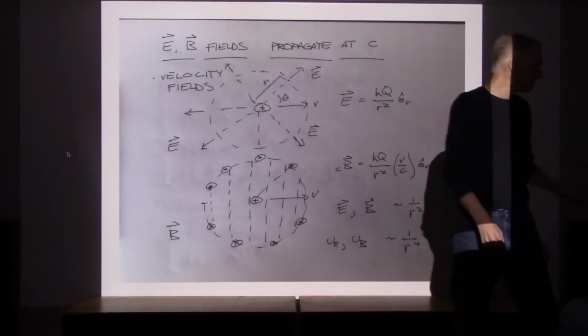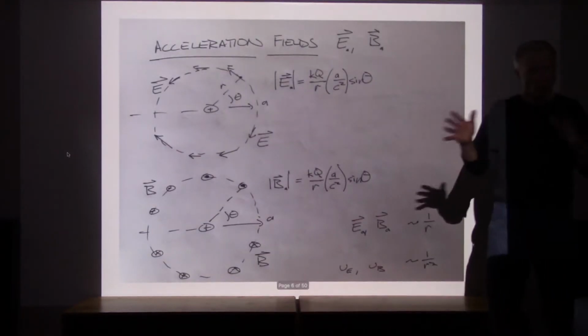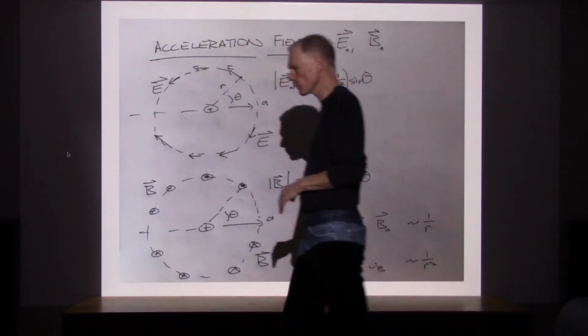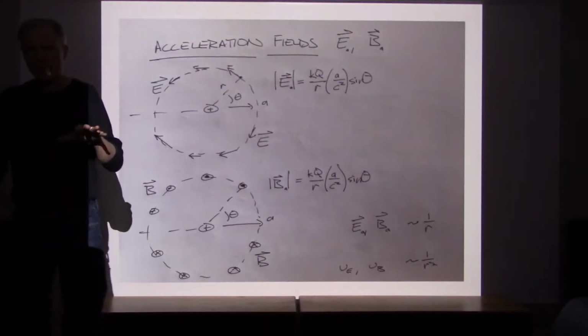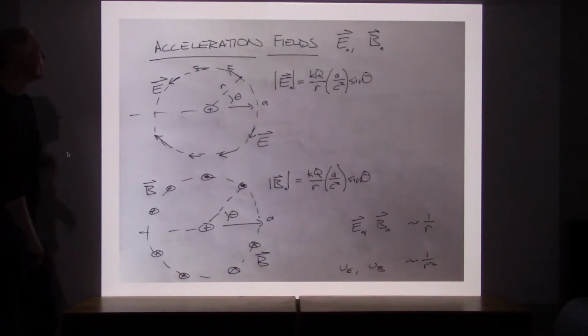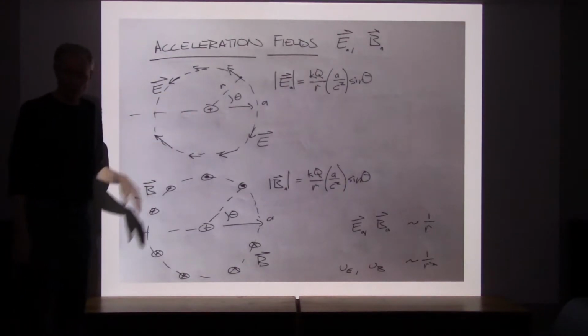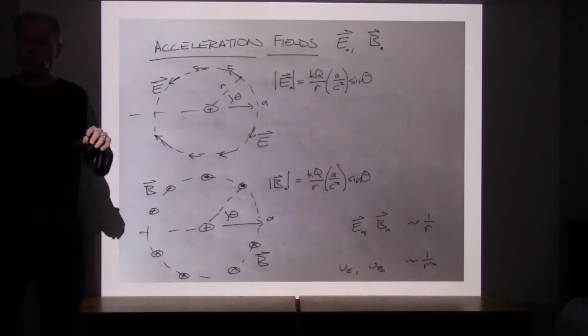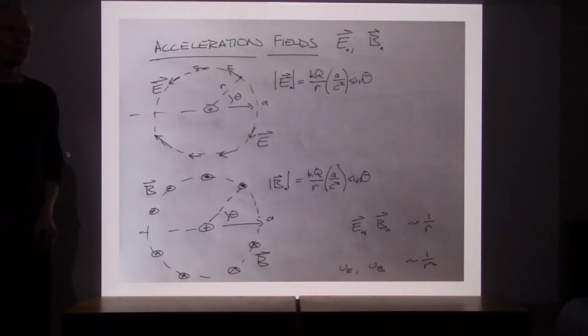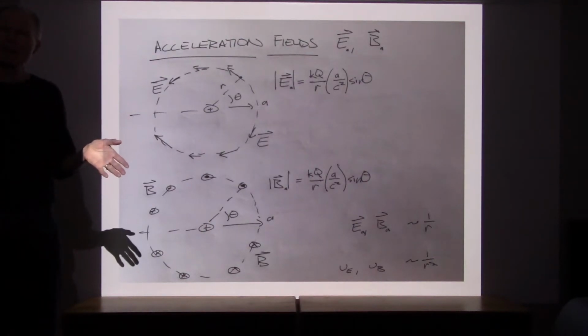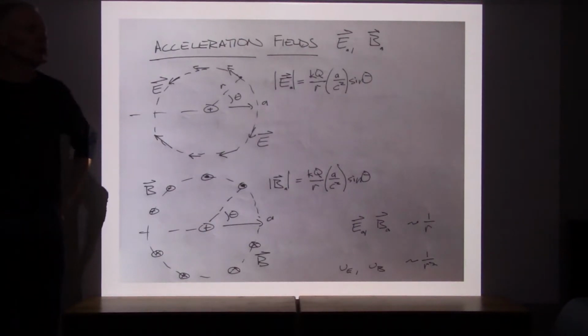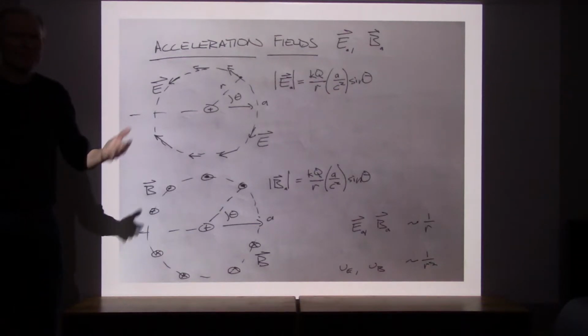In order to get energy traveling long distance, carrying energy away from a source, to get these electromagnetic fields to do that, we're relying on the acceleration fields. Now, if you read the textbook, you're going to find that the way they describe the electric and magnetic fields in this chapter just sounds different.